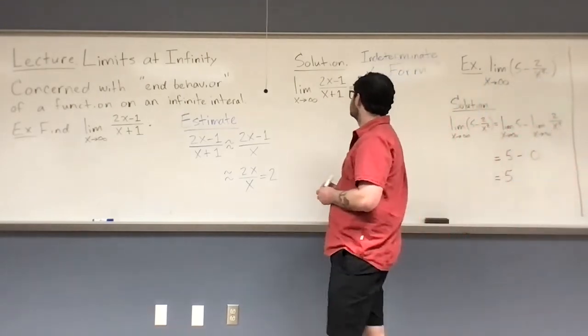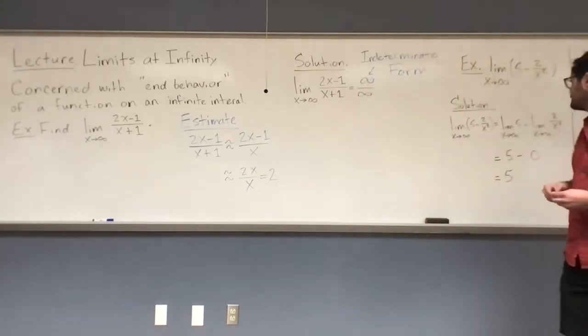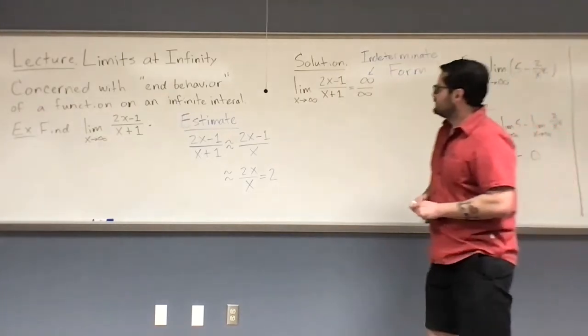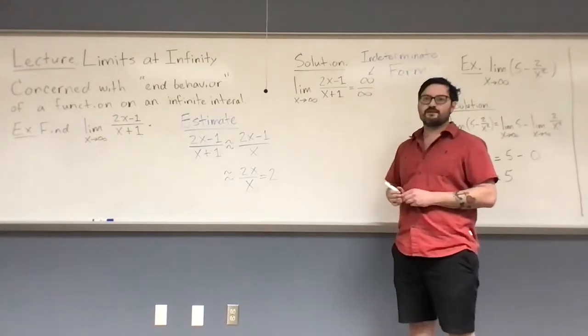Here, it will help us if we have a constant divided by the variable x. And the way that we can invoke that is by multiplying this expression by 1.